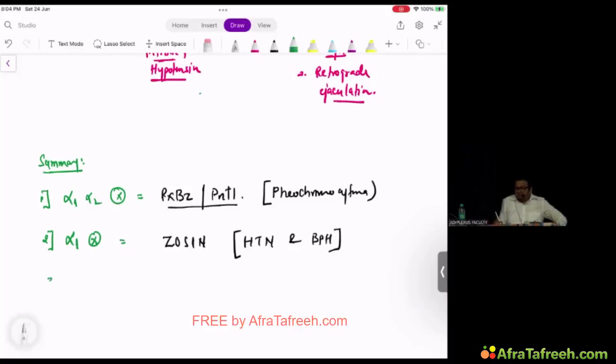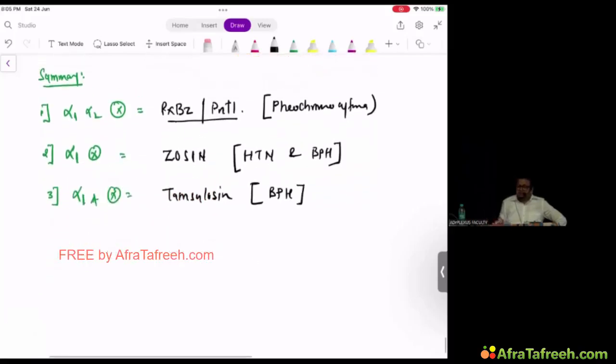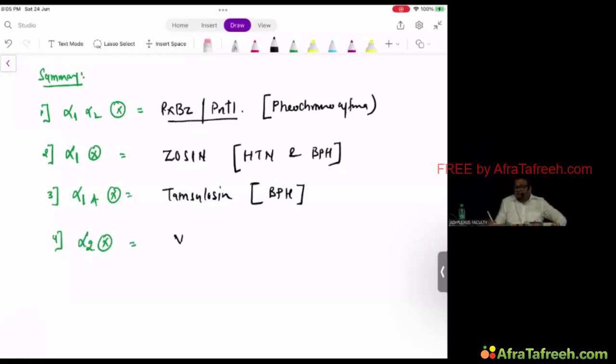The third drug is alpha 1A blocker. The drug is called tamsulosin. And which disease? Only BPH. The fourth drug that we discussed was alpha 2 blocker. It was only a name, no use so far.